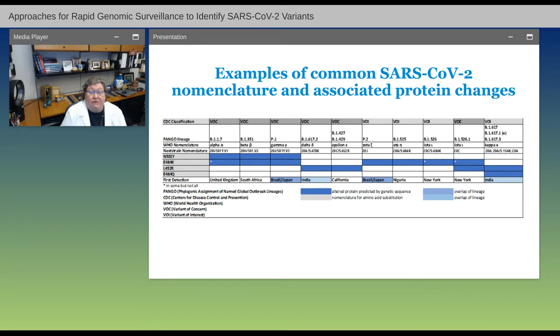So this will give you a little bit of help when you're trying to sort out which variants they're talking about. It's a little complicated because there's more than one name for each of these.